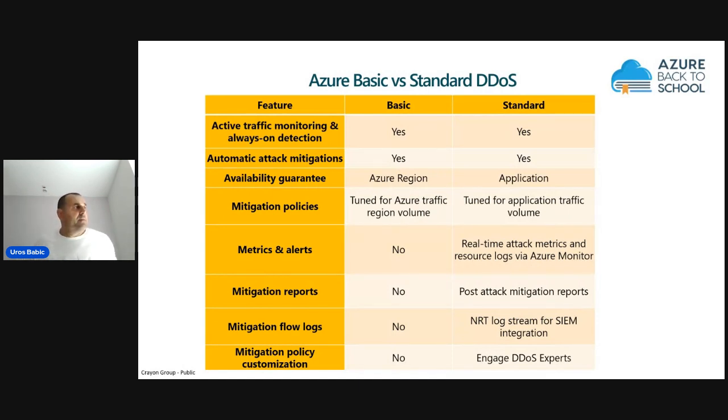I have some features in this slide, with my mitigation policy, metric alert, report, flow log, and policy customization, and you can see the difference between the basic and standard plan. For the DDoS strategy, the standard plan includes a lot of additional features that are very important to understand.